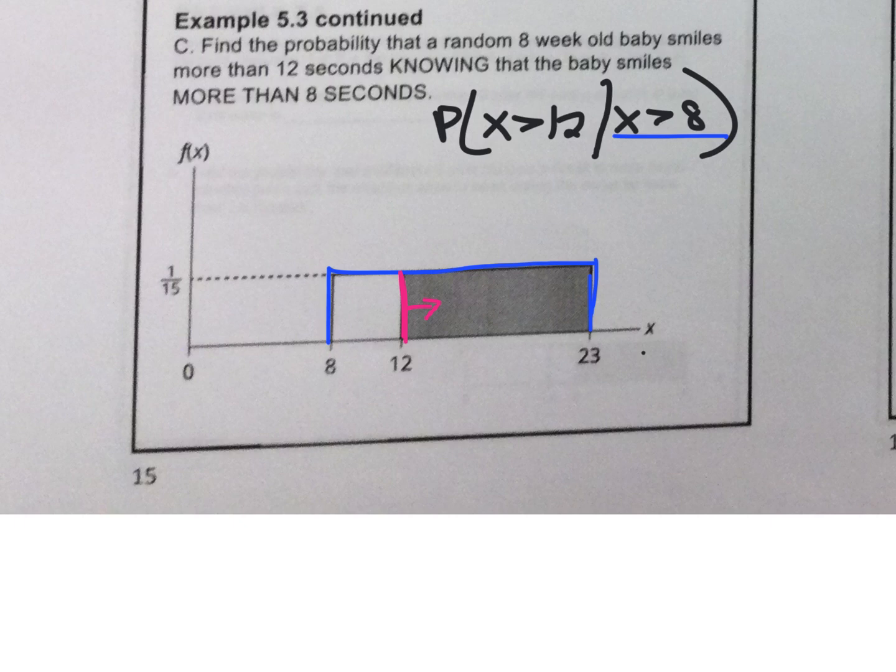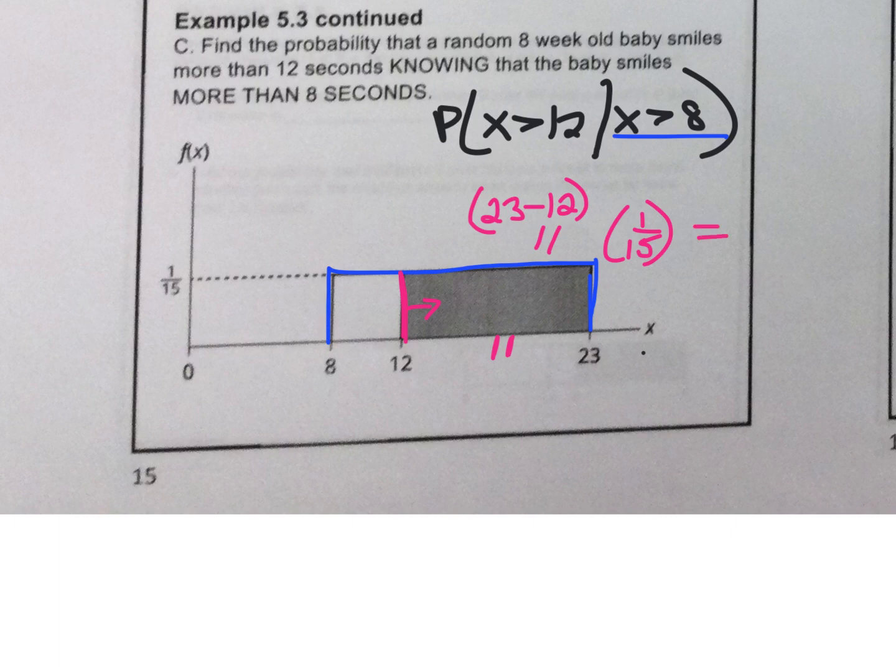I am going to do 23 minus 12, because that gives me this area. 23 minus 12 is 11, times the height, 1 over 15.